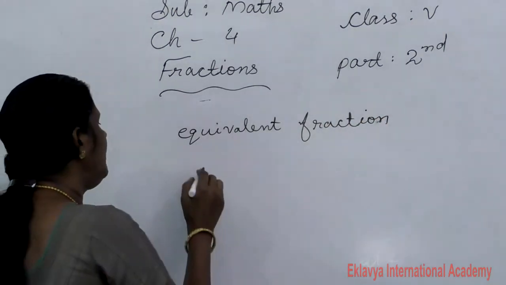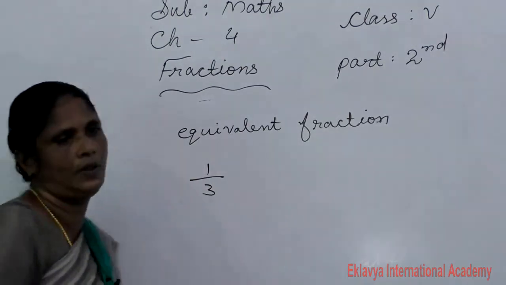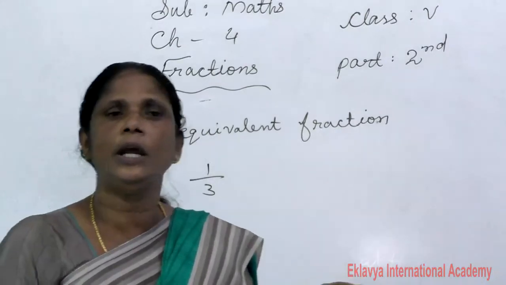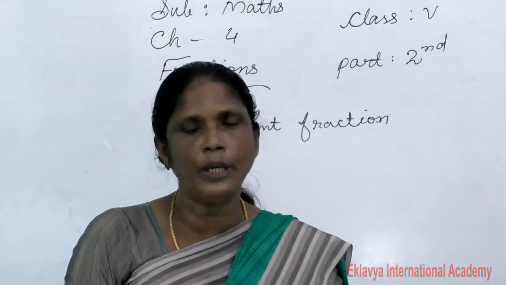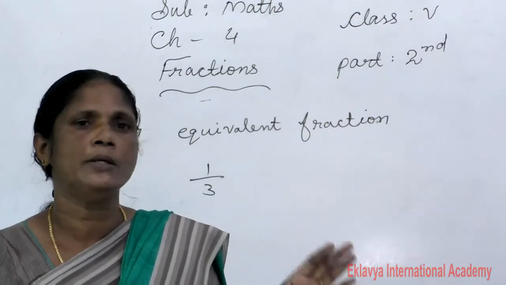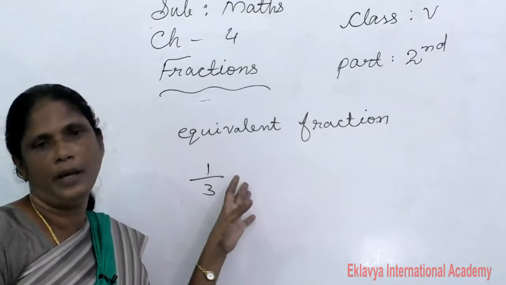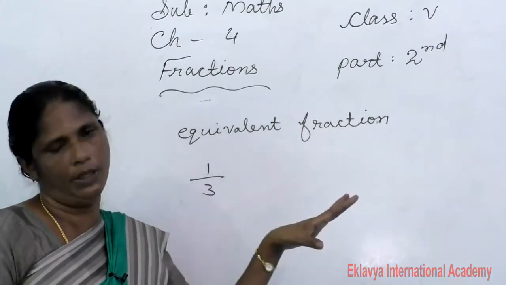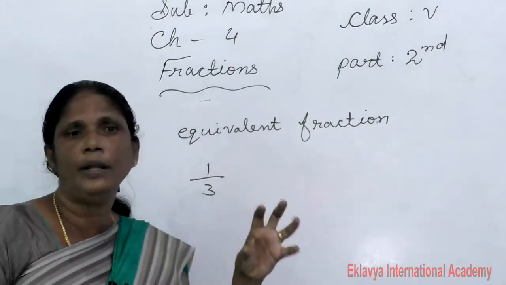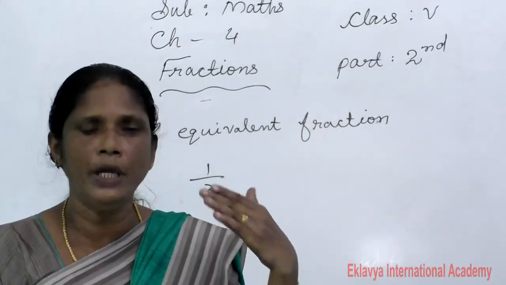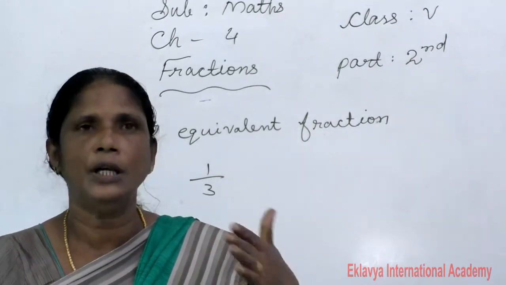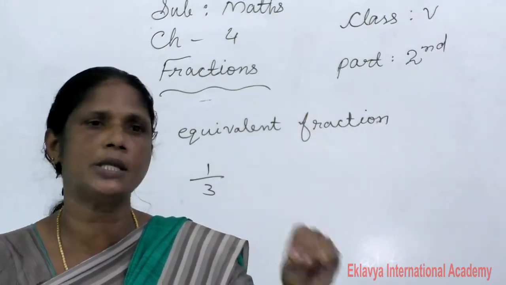We get an equivalent fraction. To form an equivalent fraction, we multiply numerator and denominator by the same number.